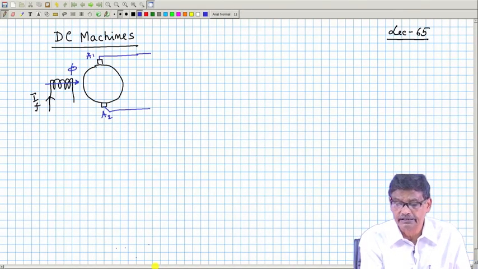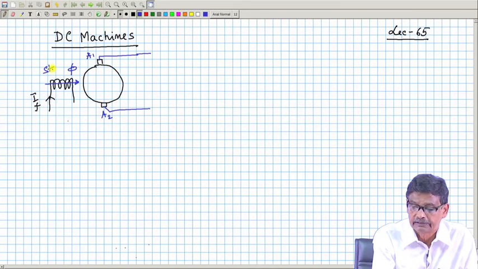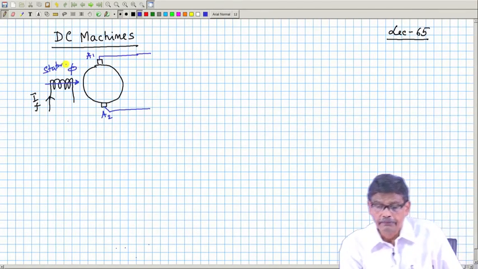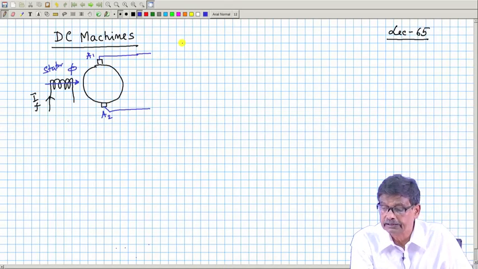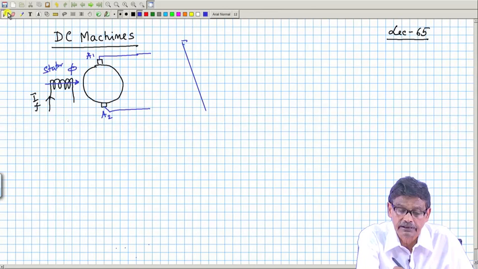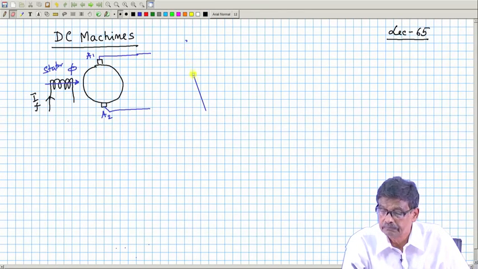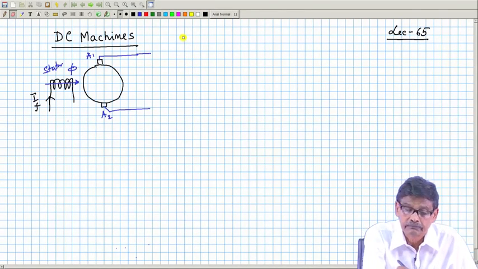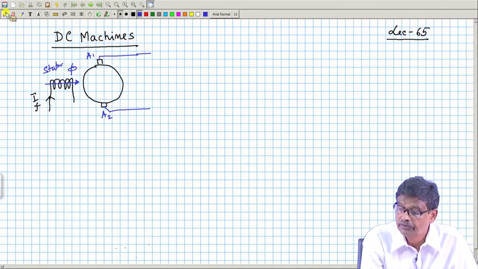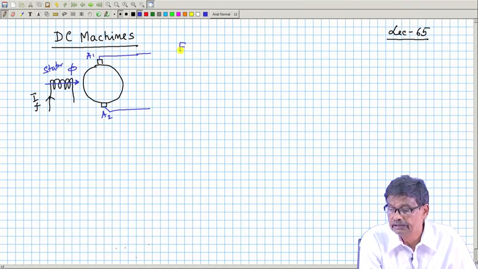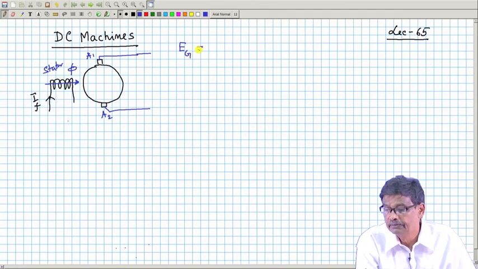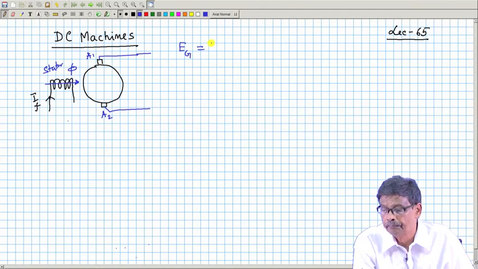So, this is the stator, always stator. Anyway, we found out that the generated induced voltage across the armature, Eg, was equal to Pz by A into phi into N, where N is in RPS.